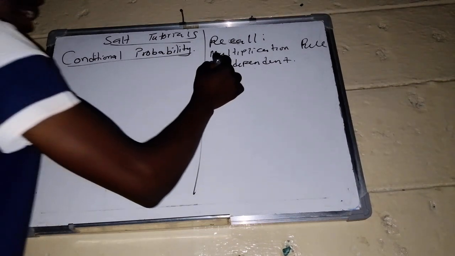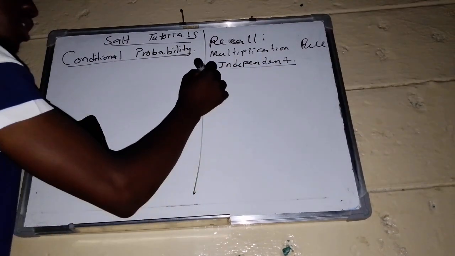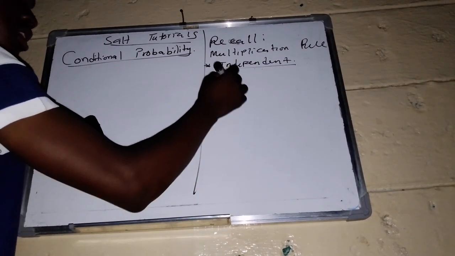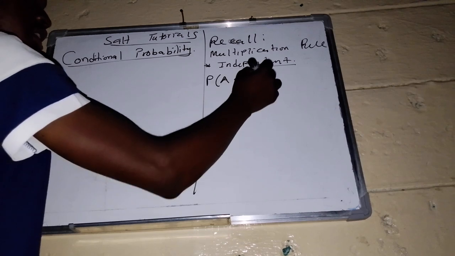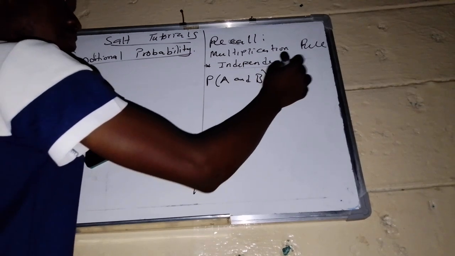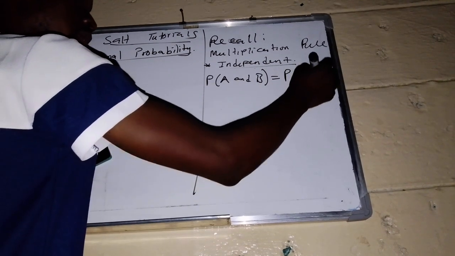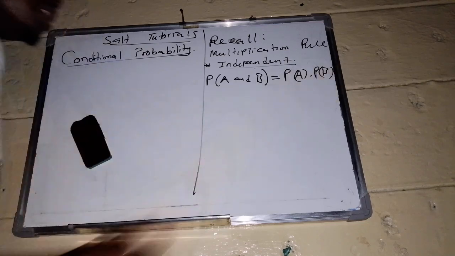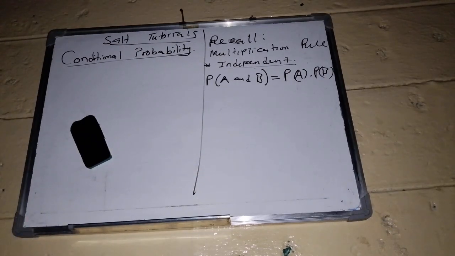So under independent events, the probability of getting A and B is basically equal to the probability of A multiplied by the probability of B. That's in the case when two events are independent. In the category of independent events, I'm sure you can recall, we said that two events are independent provided that one does not affect the occurrence of the other.